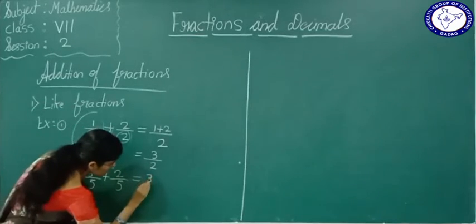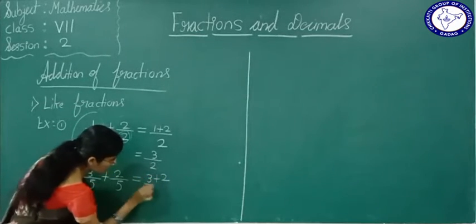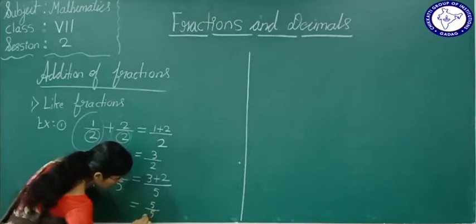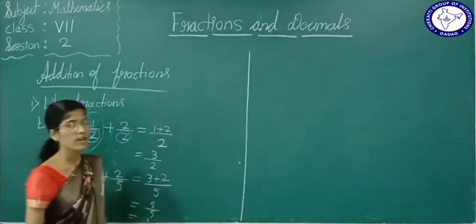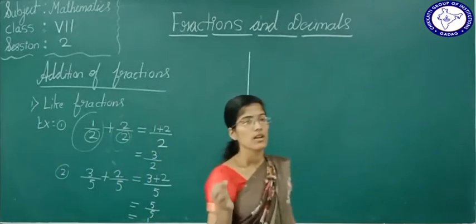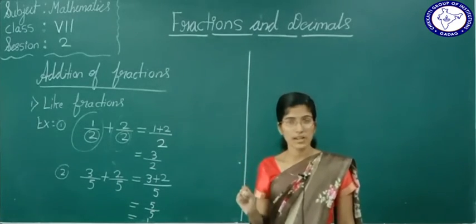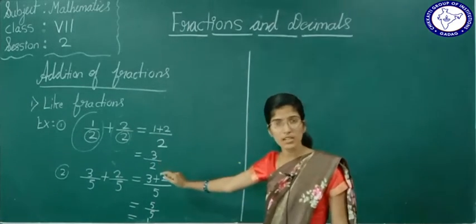Add the numerators 3 plus 2, keeping the denominator the same. 3 plus 2 is 5. 5 by 5 is 1. So how do we add like fractions? In like fractions, we add the numerators, keeping the denominator the same.